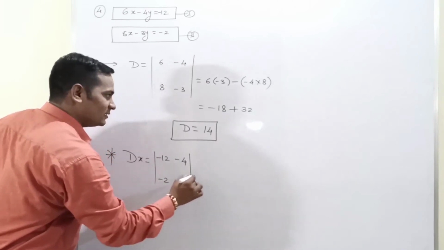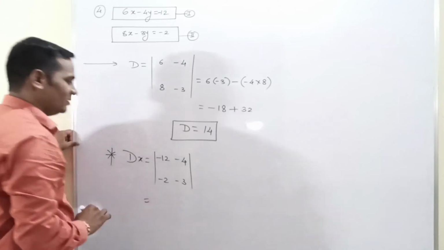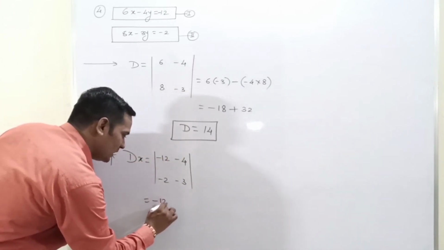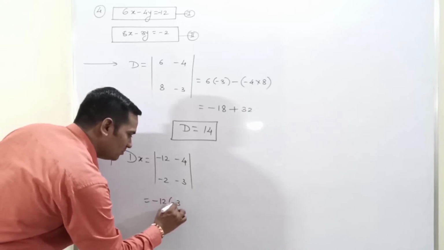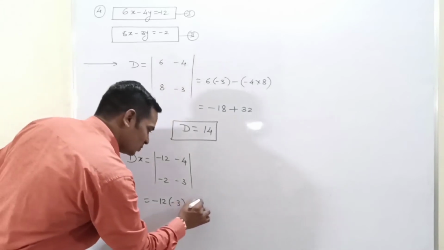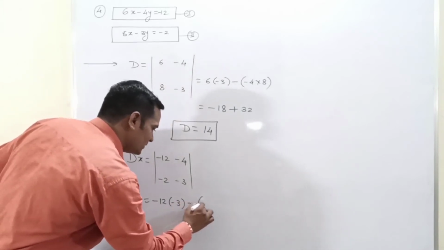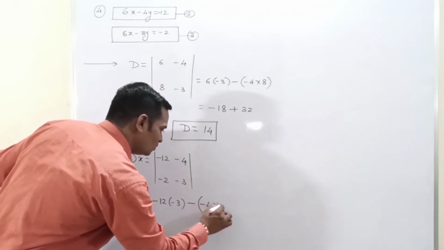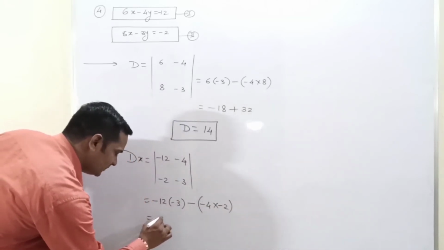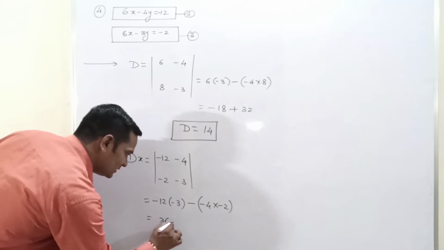Let's solve it by cross multiplication: minus 12 into minus 3, minus, and in a bracket for convenience, minus 4 into minus 2.